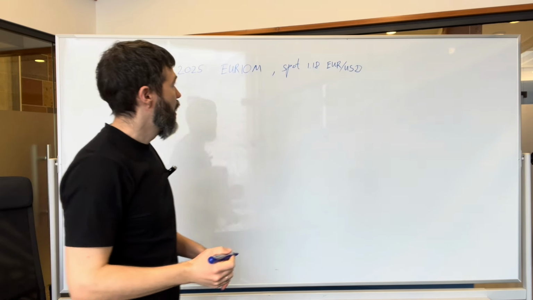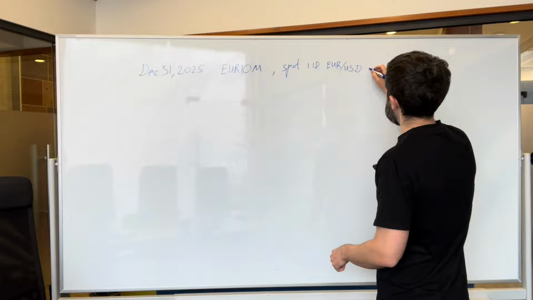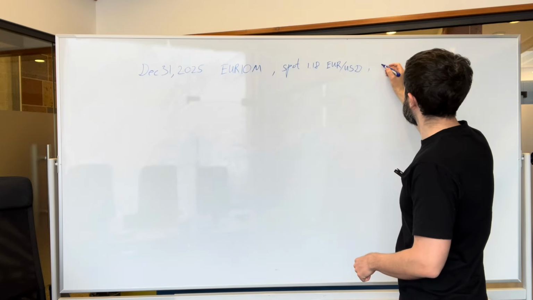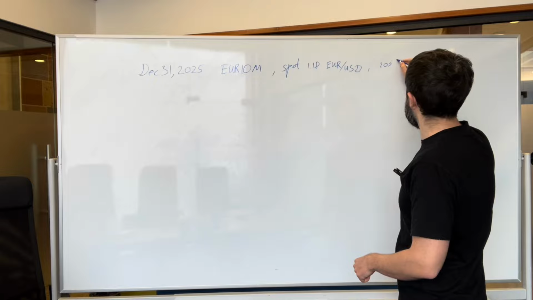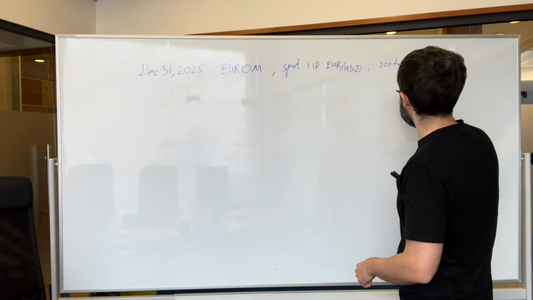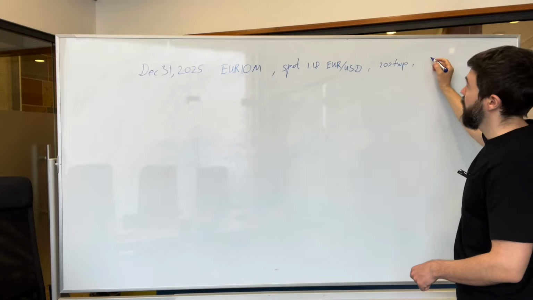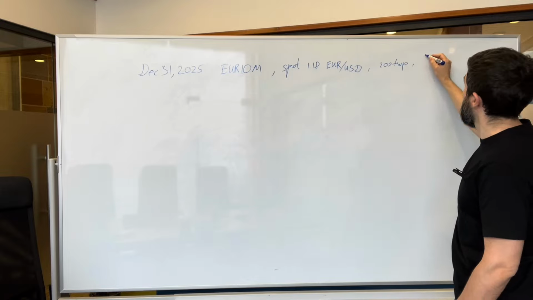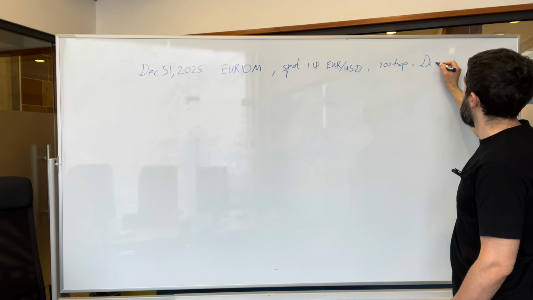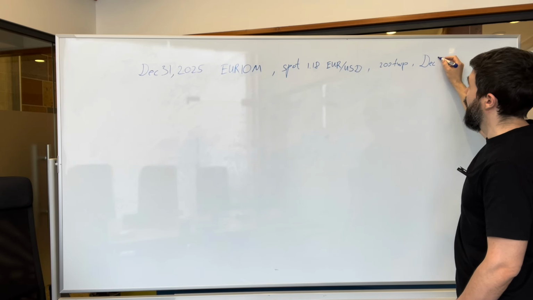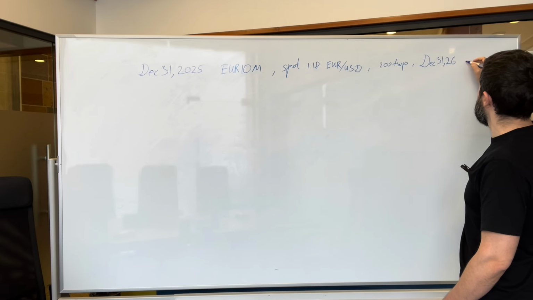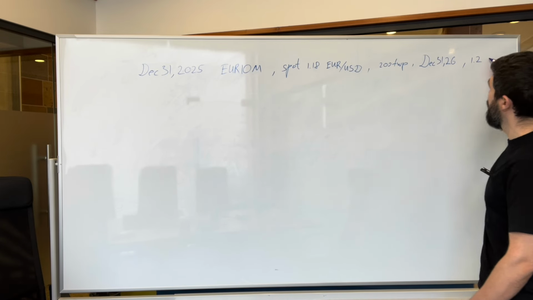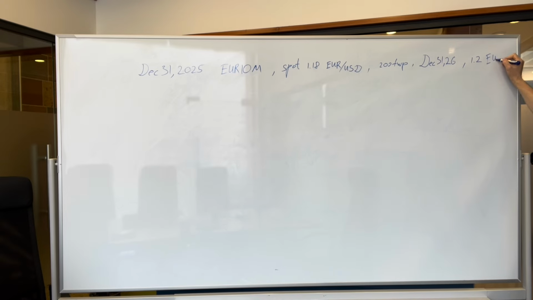Yeah. And forward points was 200 basis points. Forward points. So your forward rate for the contract expiring December 31st, 26 was at the rate 1.2 euro to USD.